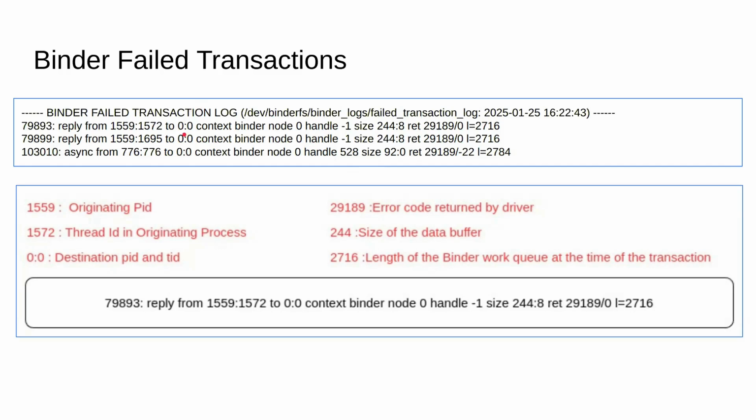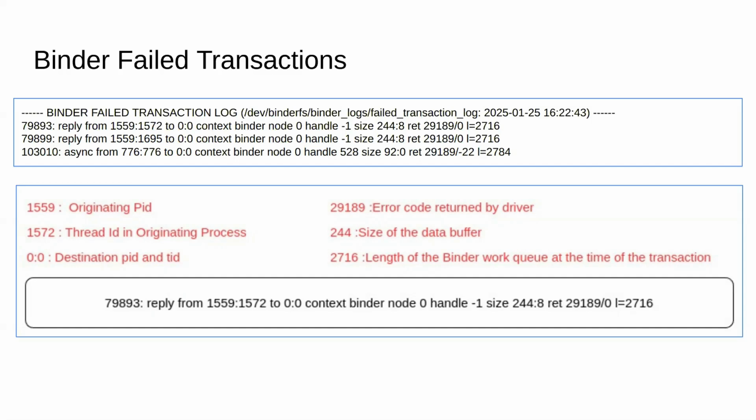The 0 0 that you see here are supposed to be the destination PID and TID, destination process ID and thread ID. The thread ID 0 indicates that as of now there is no thread dedicated to handling this request, and the kernel or the binder driver needs to create a new thread to handle this request.